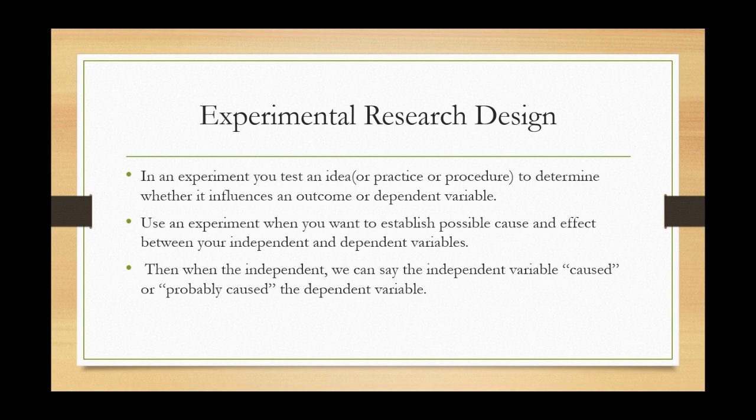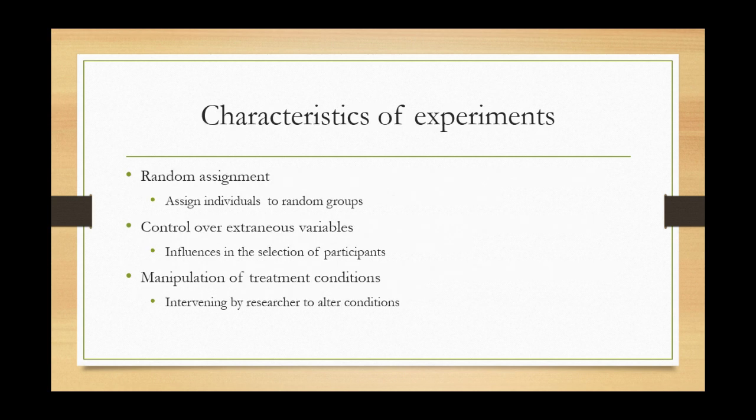When the independent variable influences the dependent variable, then you can say that the independent variable caused, or we say probably caused, the dependent variable. Simply because experiments are controlled, these are the best designs in a quantitative approach. You have to use them if you want to establish a possible, probable cause and effect. So that is the meaning of experimental design.